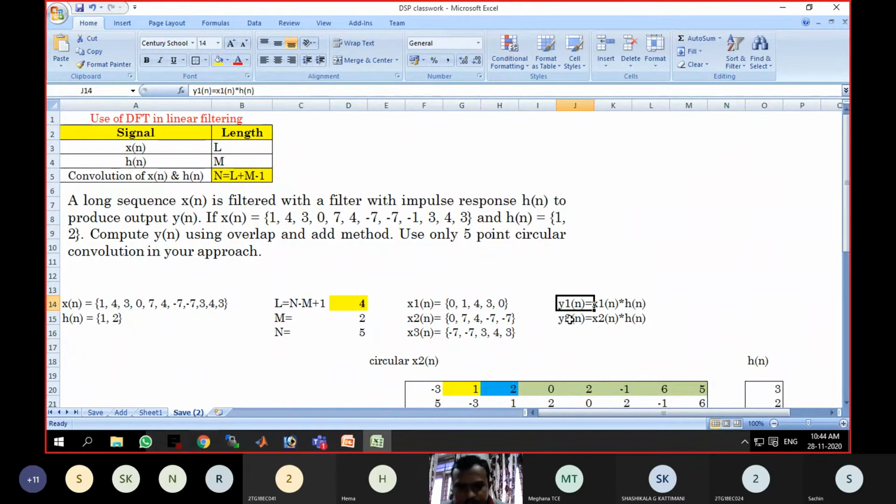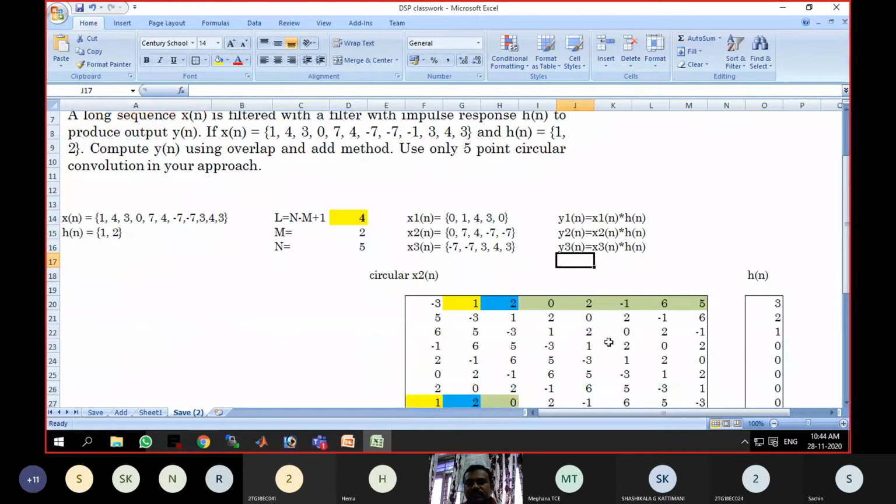So we have the formula. What is each block calculation? It is y1 equals x1 into h, y2 equals x2 into h, and y3 is x3 of n into h of n. So we have 3 segments.